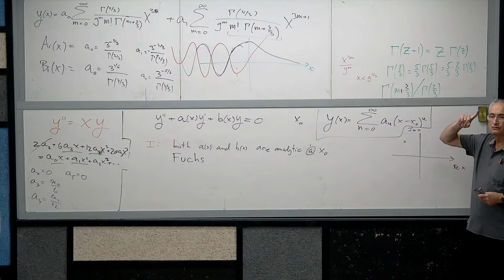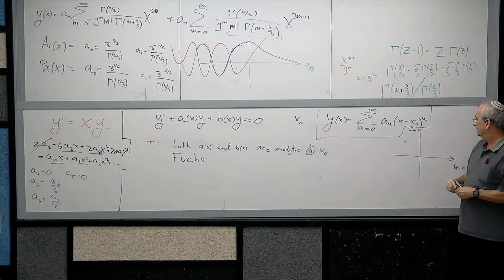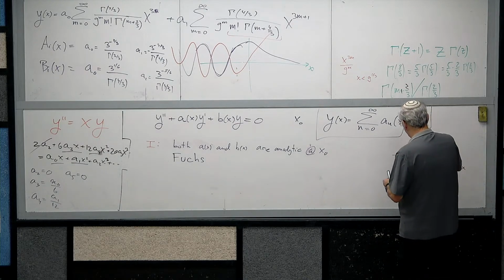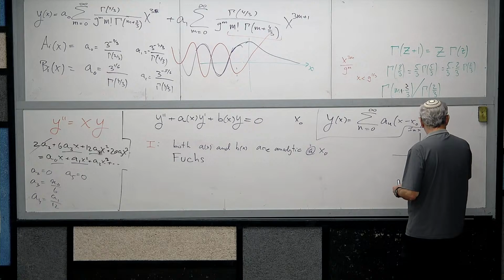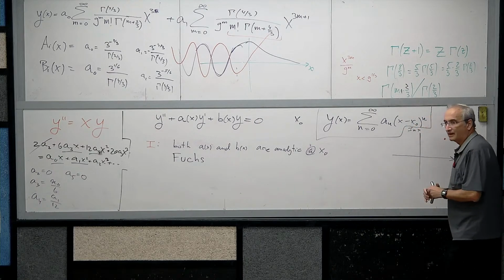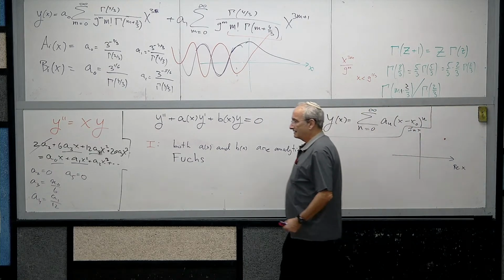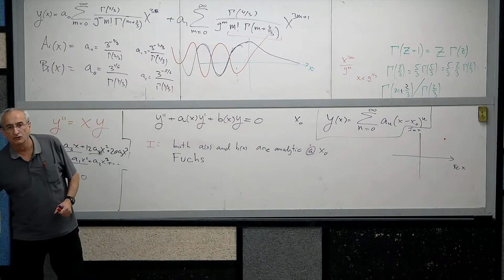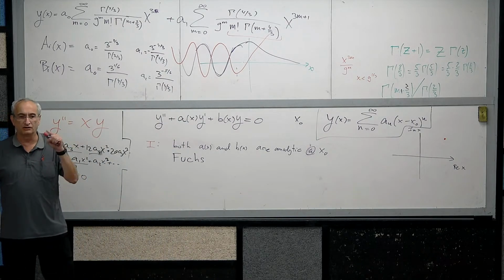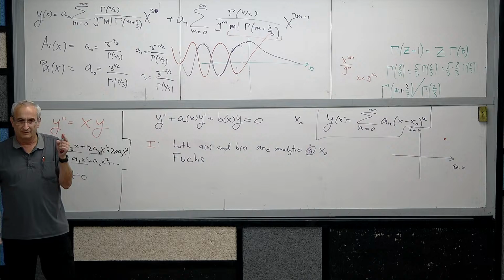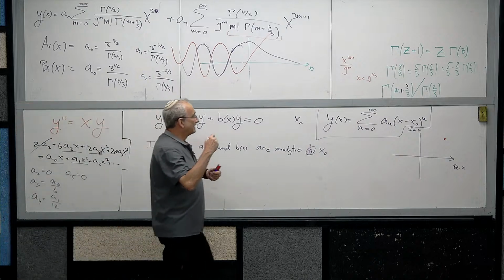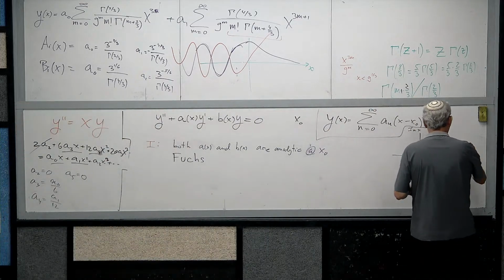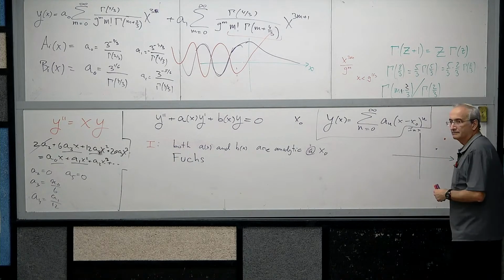Mr. Fuchs proved that we can expand y exactly this way, and the series will converge, but not at any point. Suppose I would like to expand around this point. You have to find the closest singular point of either a or b. So suppose a of x is singular here.